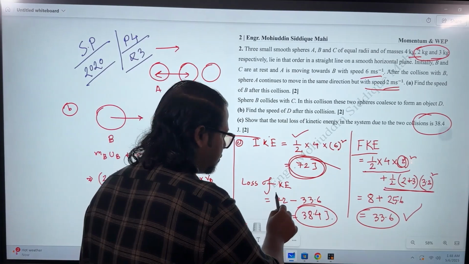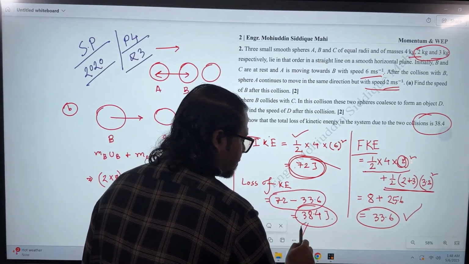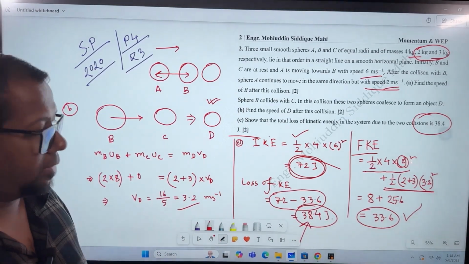Then you are subtracting the two energies to find out the loss of kinetic energy. So I hope you have understood.